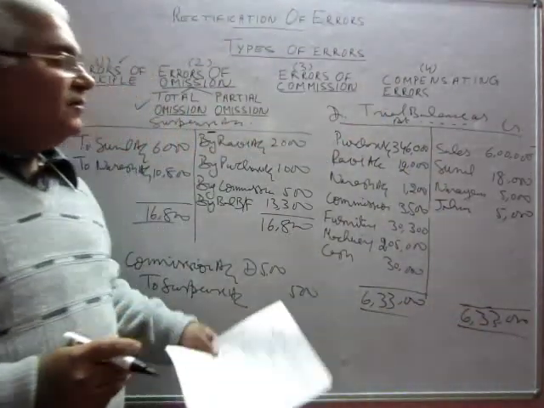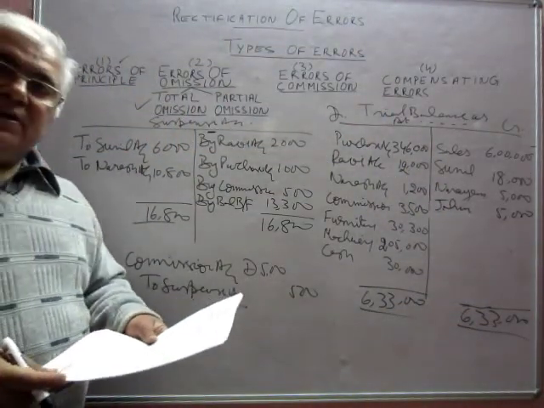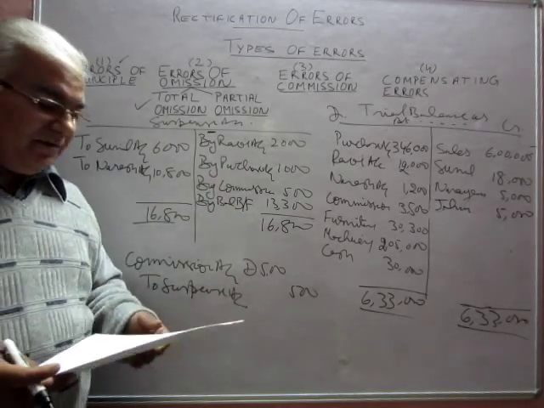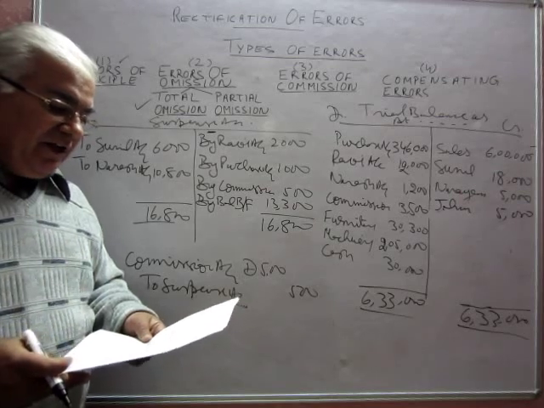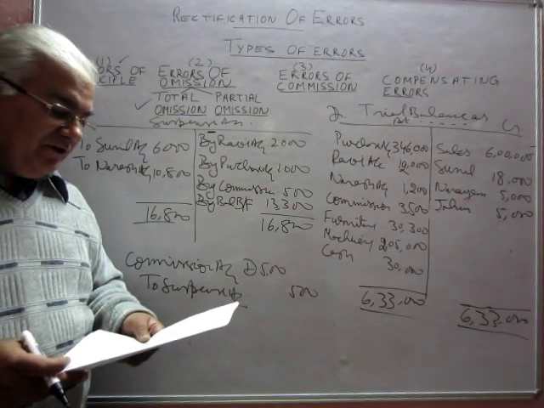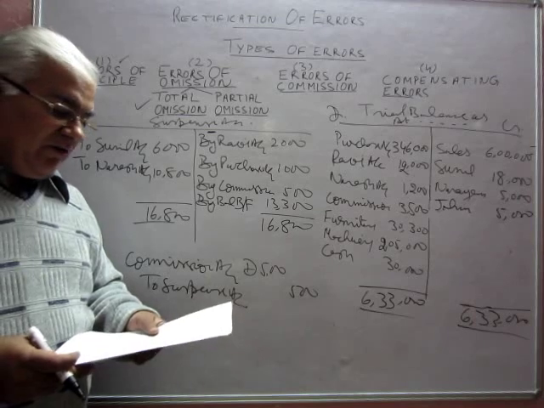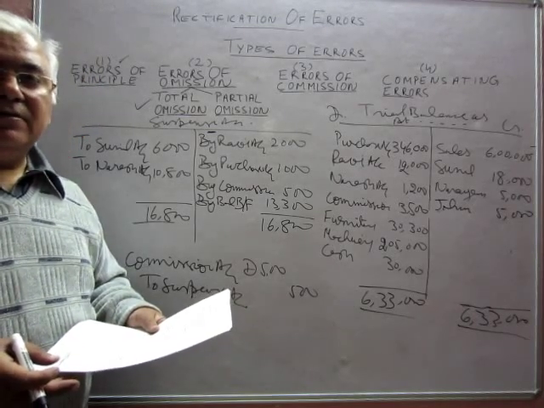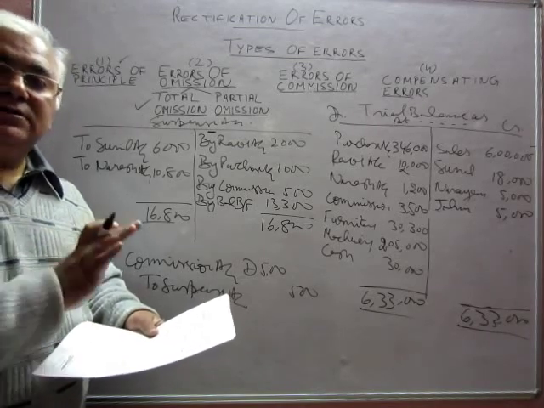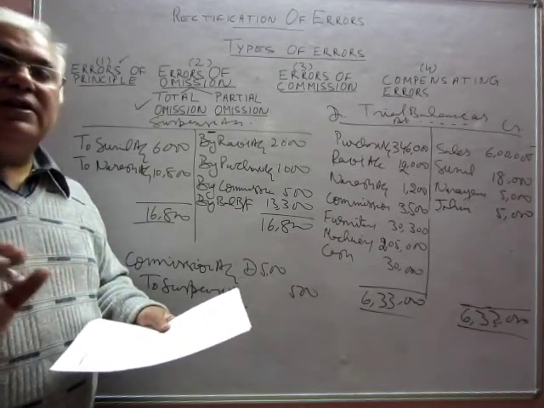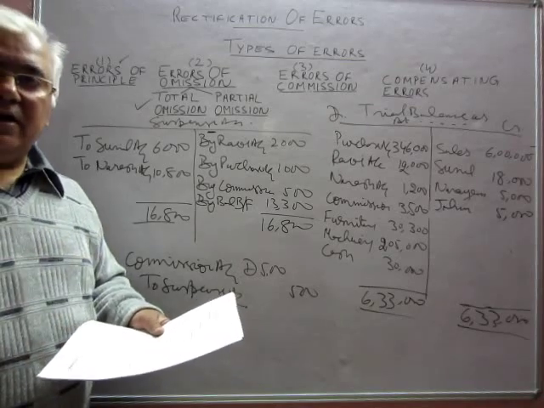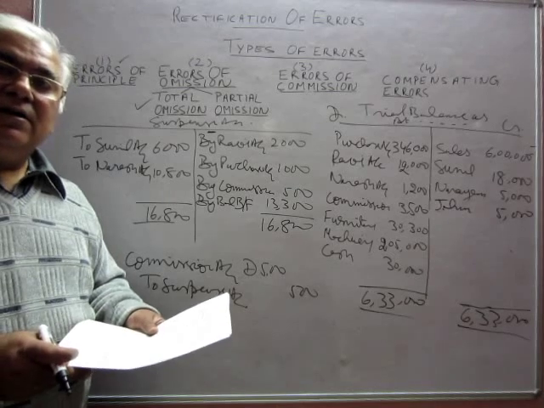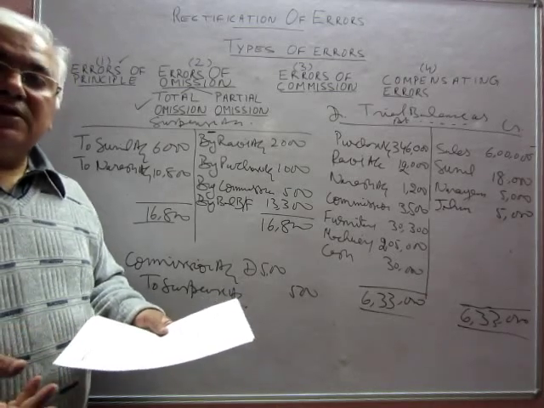That's all. And let us see another entry which is not affecting our trial balance, but still a mistake. A sale of rupees 500 to Naresh was posted to Sunil account. That means actually we sold goods worth 500 to Naresh, recorded properly in the sales book. So it has gone to sales account properly, no harm done here. But instead of debiting Naresh, we debited Sunil. Why this poor fellow Sunil shall suffer?